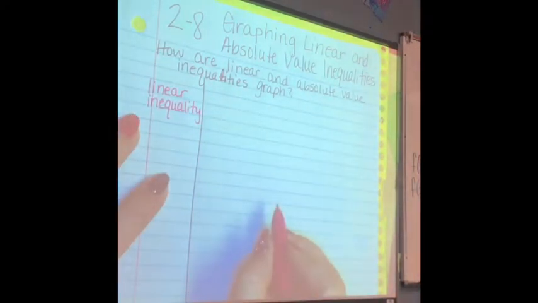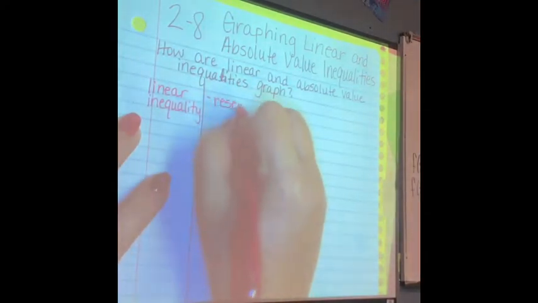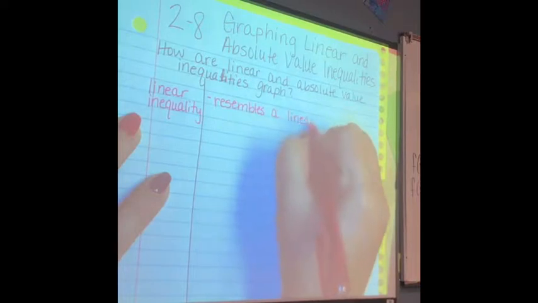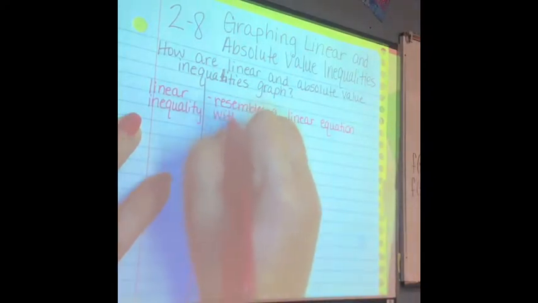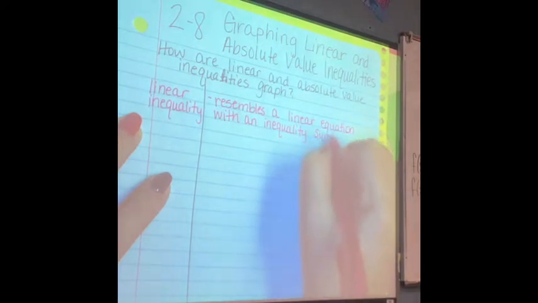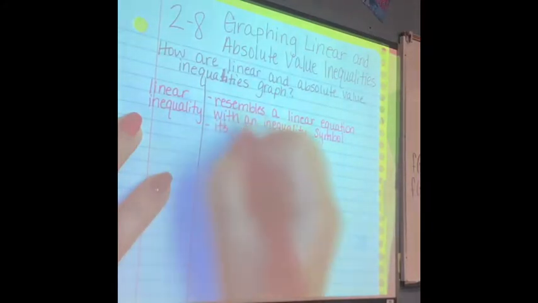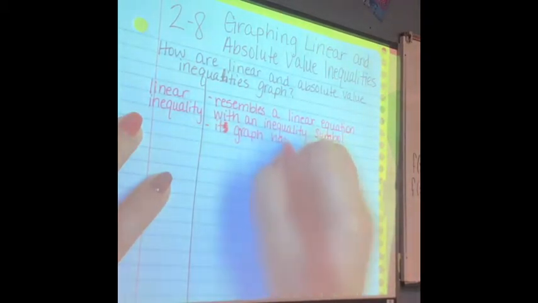The linear inequality is going to resemble a linear equation with an inequality symbol. Its graph has a shaded region.